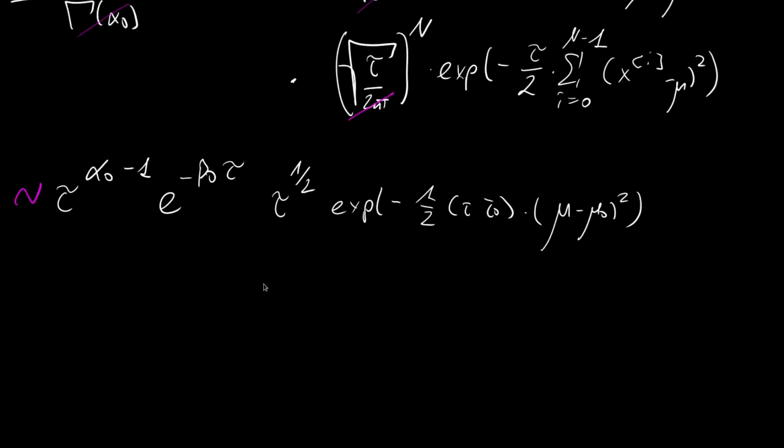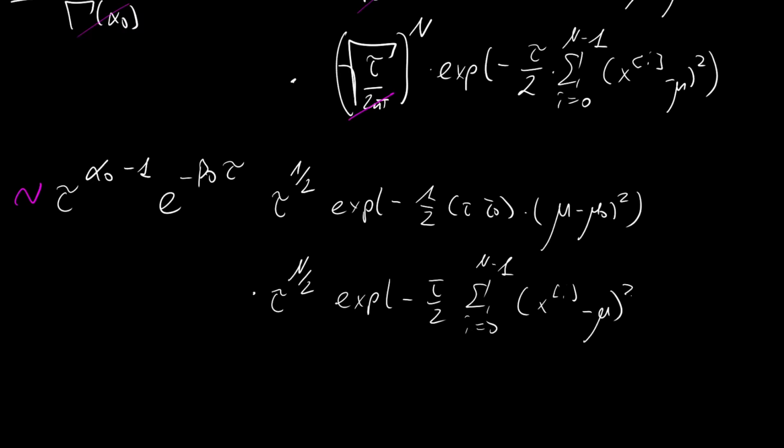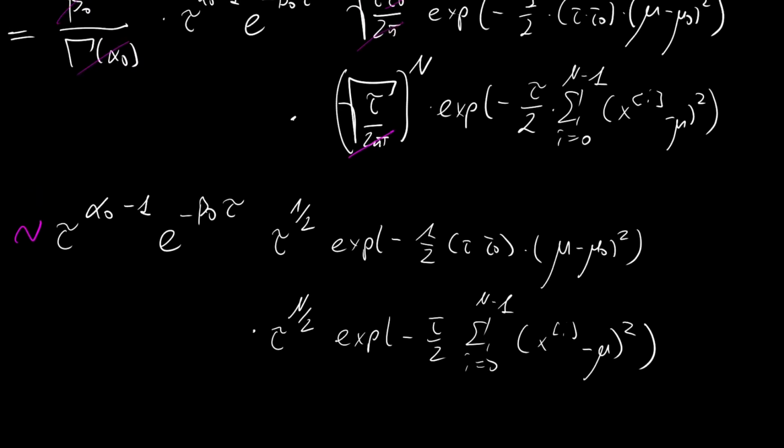And then we have times tau raised to the n over 2, and that is because we have the square root of tau and raise it to the power of n, so we have n times the square root of tau, n over 2 in essence. Then times the exponential of minus tau over 2, then the summation, and here we have the classical differences from the mean.